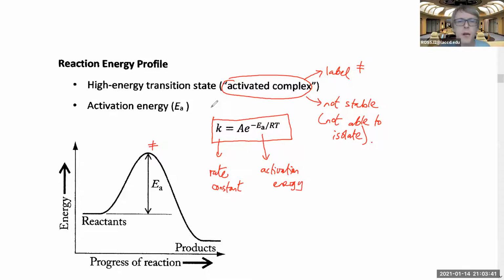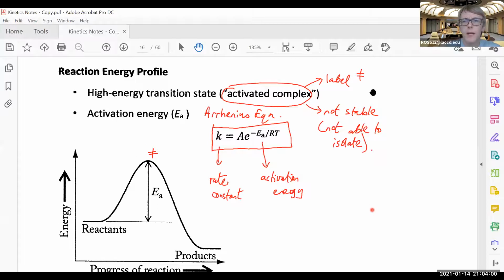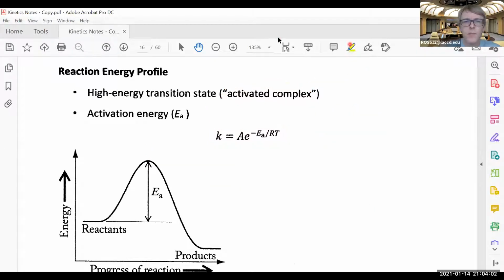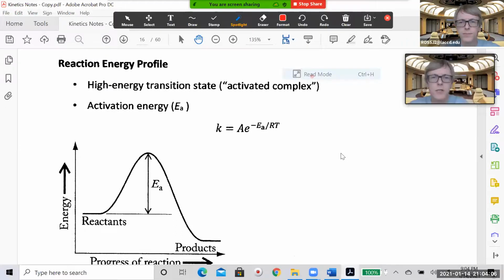And this is known as the Arrhenius equation. So that's that for now. Let me clear my annotations so that we can scroll.